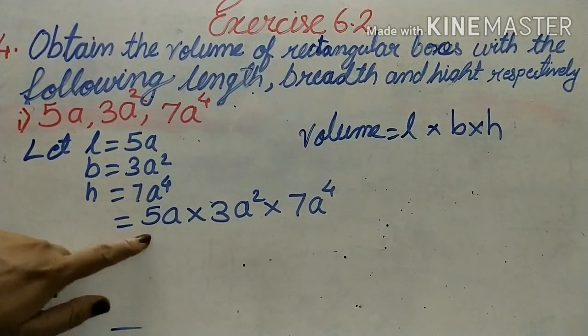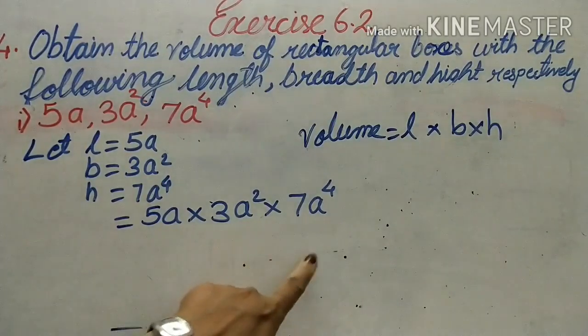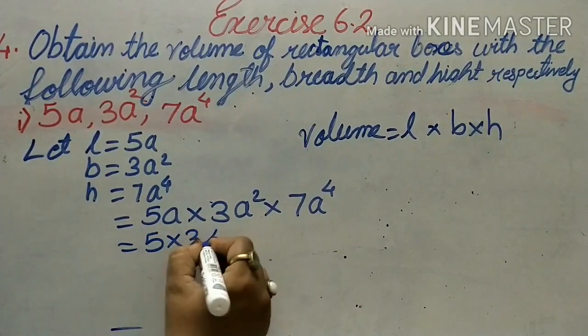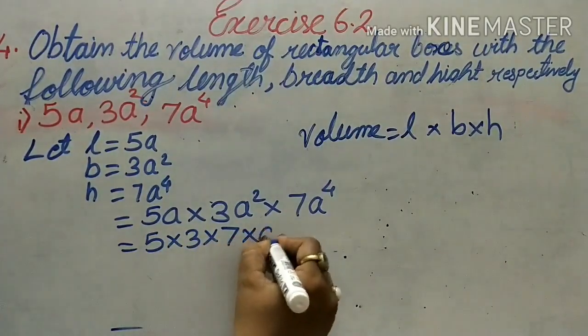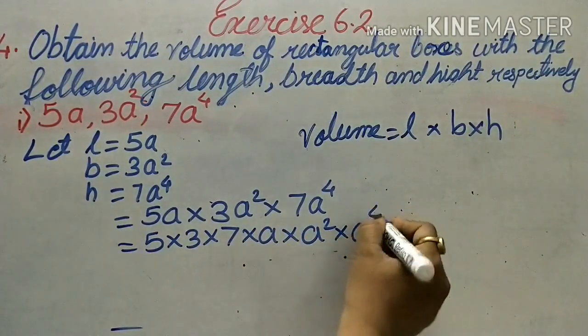Next what we'll do, we'll write all this numerical coefficient one side and literal coefficient one side, means is equal to 5 into 3 into 7 into a raised to 2 into a raised to 4.